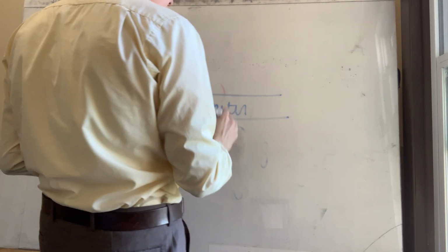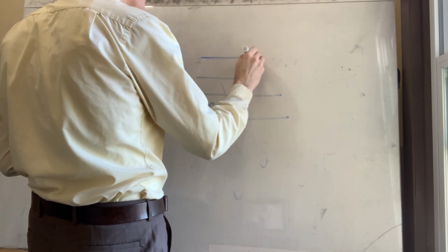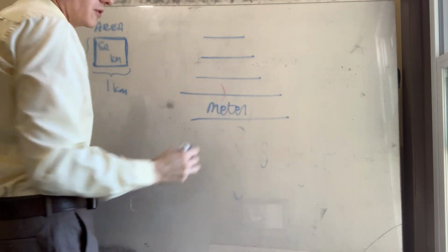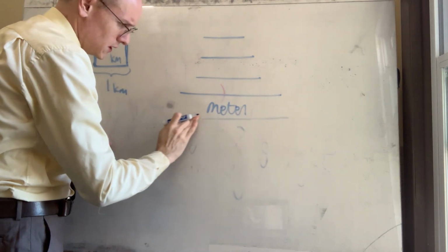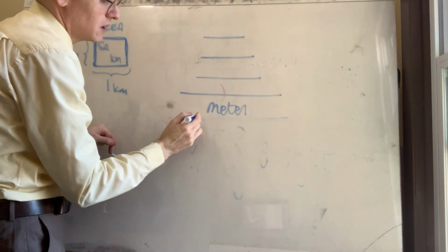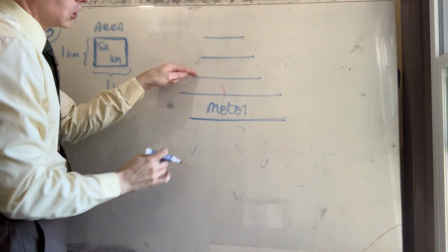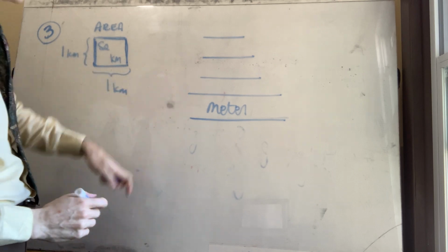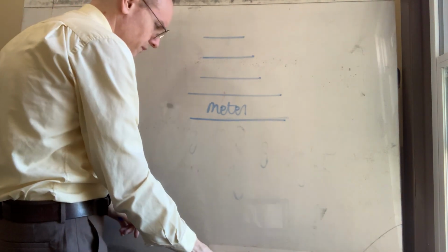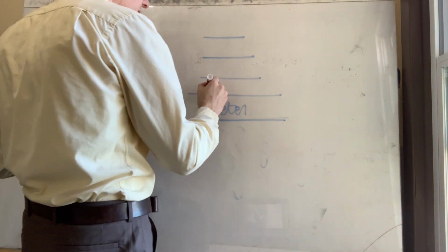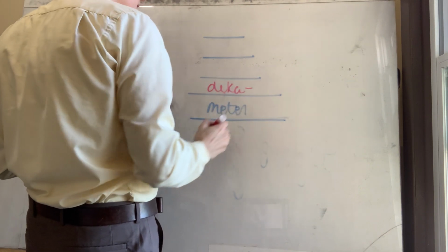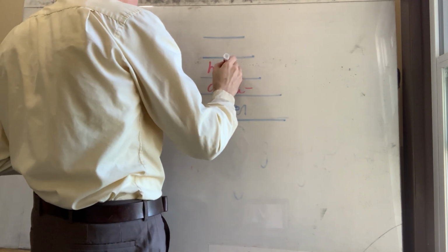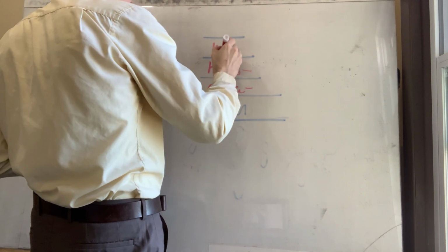Here's a diagram I had drawn you a while ago. A meter is the base unit for measuring lengths. And if you go to increasingly larger units above this, the next one would be deca, which you would attach to the base unit, and then hecto, and then kilo is just above it.